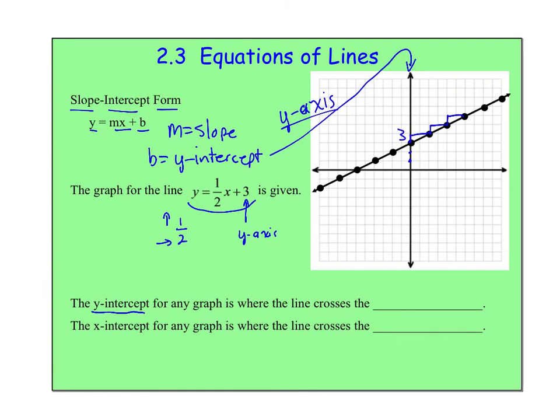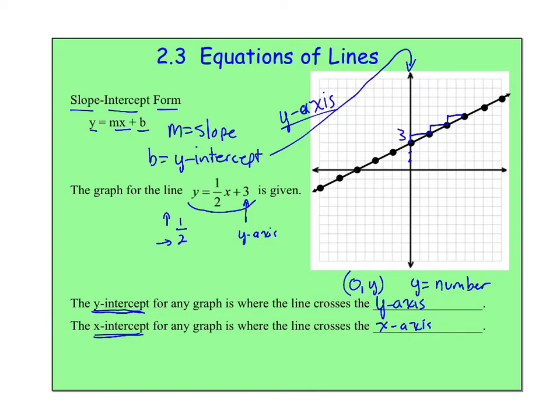So the y-intercept is where it crosses the y-axis, and the x-intercept is where it crosses the x-axis. One of the things I tell students to remember is that for the y-intercept and x-intercept, the other coordinate is 0. For a y-intercept, the x value is going to be 0, and then y is going to be some number.